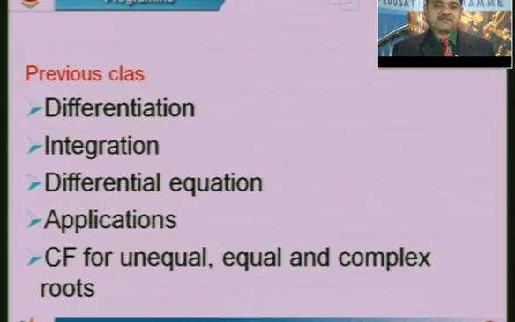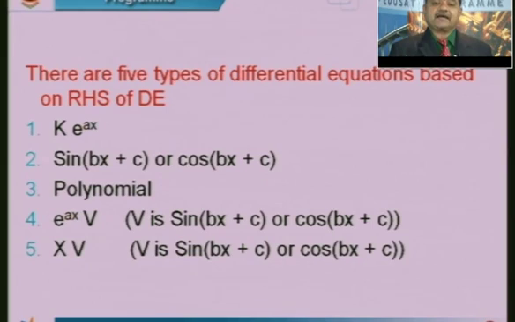We have also seen how to find the CF, that means complementary function, for unequal roots, equal roots and complex roots. There are only three ideas of finding complementary functions, based on the roots. Then, based on the right hand side of the differential equation, we can categorize the types of differential equations as 5.